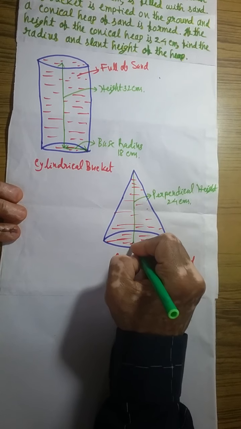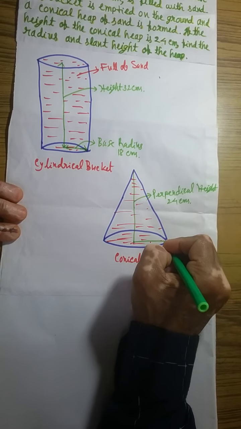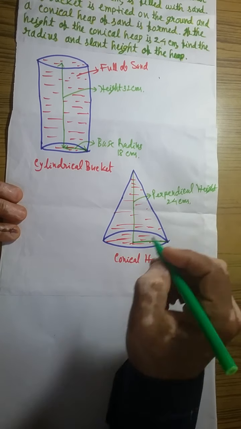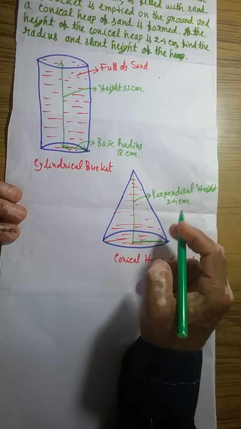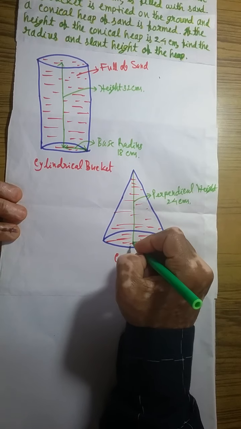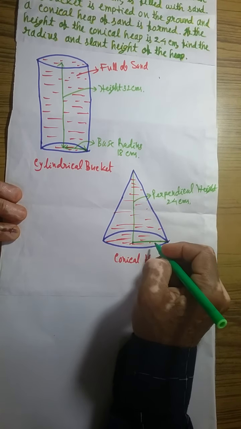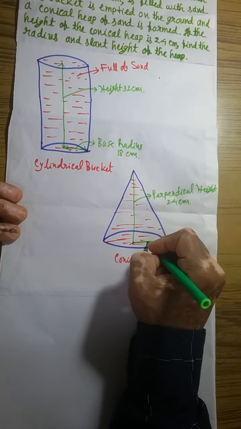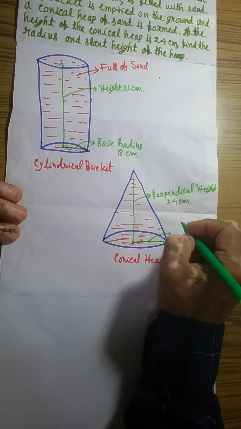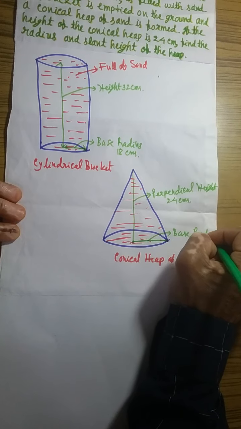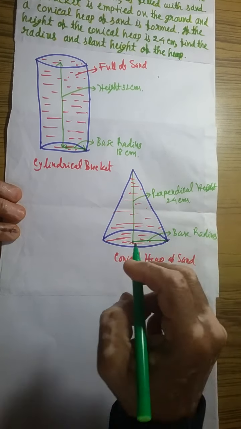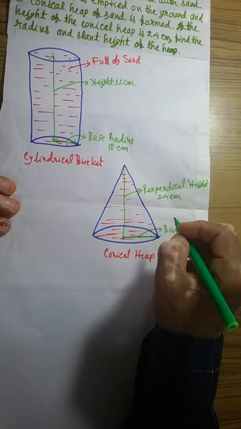We have to determine the base radius of this conical heap. Since this one is the perpendicular height of the conical heap of sand, this point will be the midpoint of the circular base.